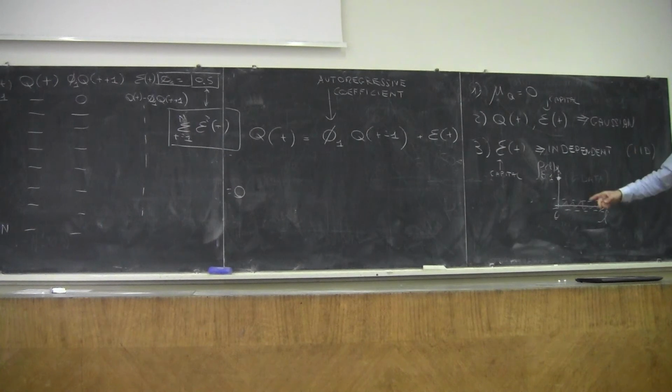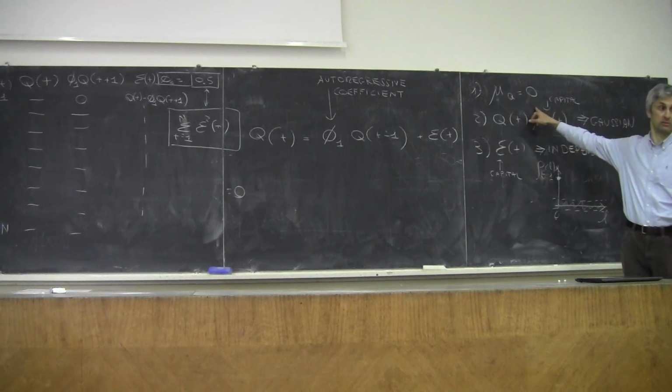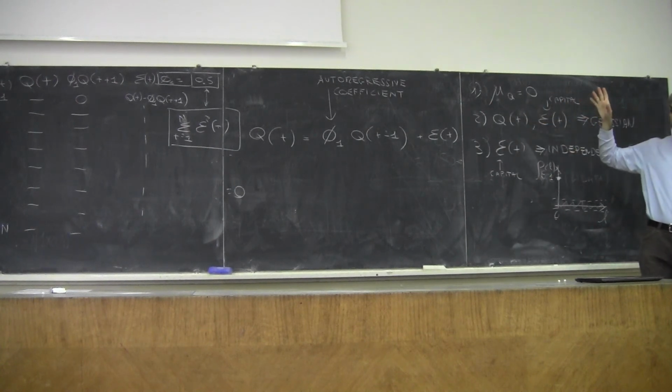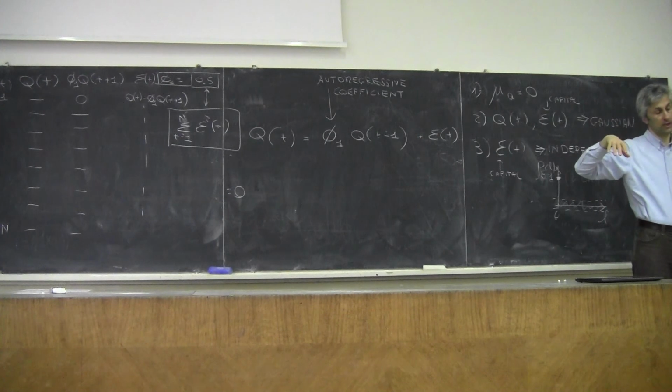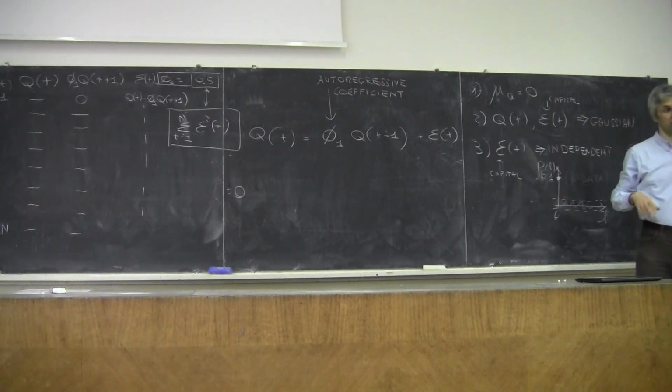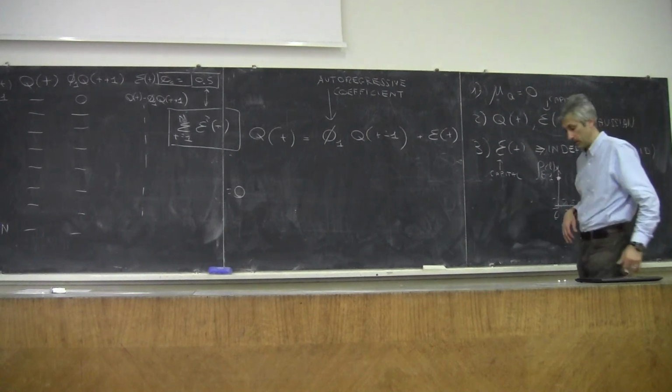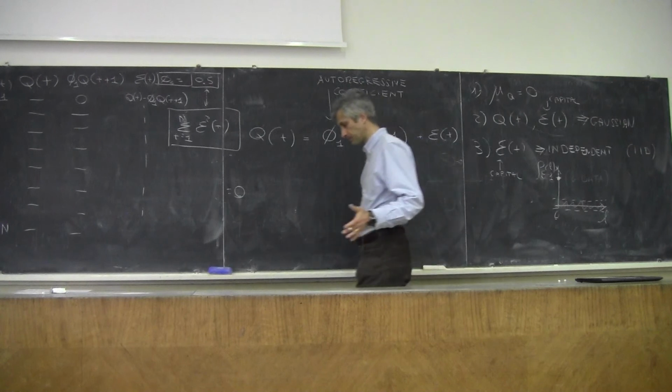Of course, you know that the overall mean of Q is 0, but the mean changes because, if you have a high flow, then you get a mean that is above 0. And if you have a drought, you have a mean that is below 0.